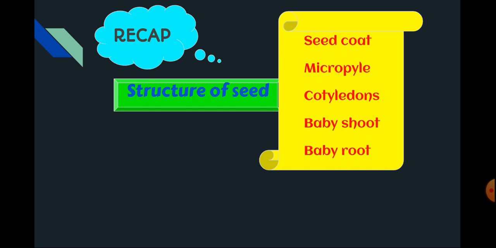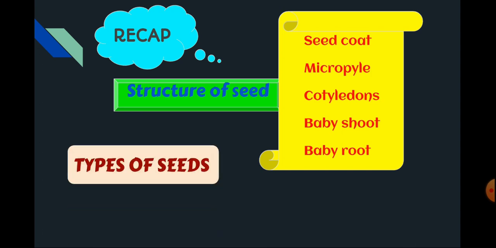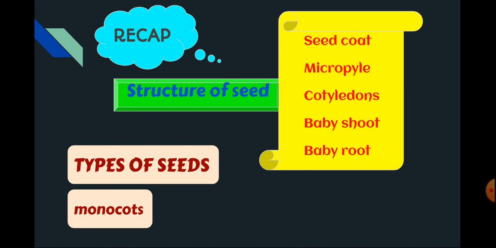Yes, you also learnt about the types of seeds based on the number of cotyledons they have. Yes, if there is only one cotyledon, it is called monocots. Some examples of monocots are rice, wheat, corn, maize and other millets.